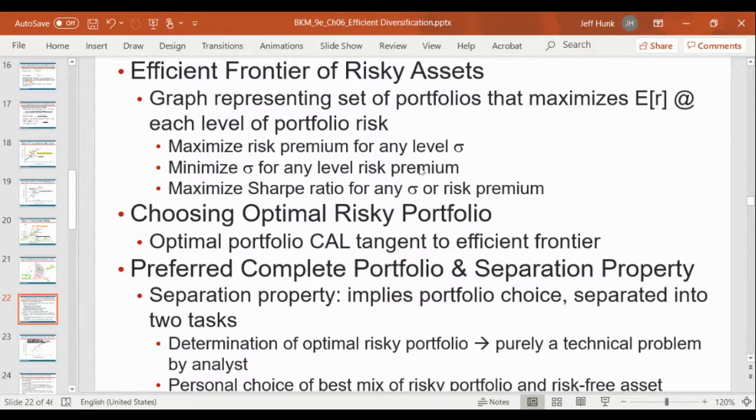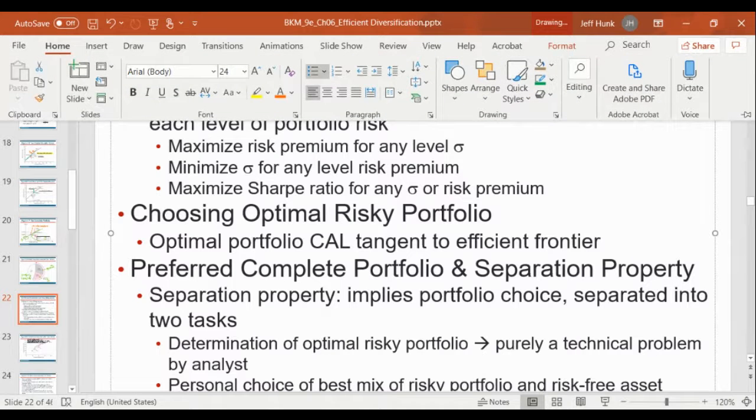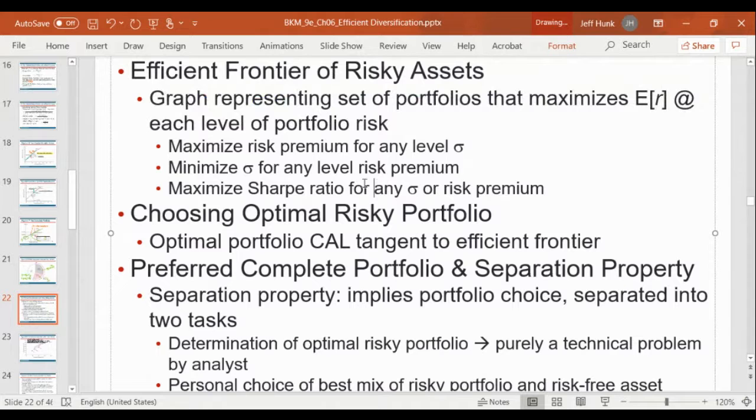Vice versa, for a given level of expected return, the lower the risk, the better it is. So that's basically what it is saying.